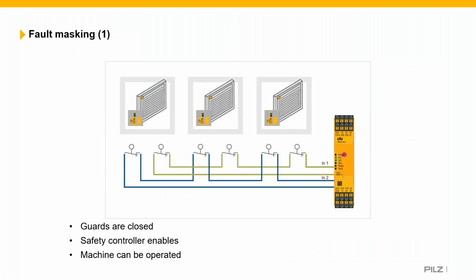So what is fault masking? How does it occur? And how is it possibly prevented? Well, you can see here in this application we have 3 guards, each with its own 2-channel switch connected in series back to a safety relay.